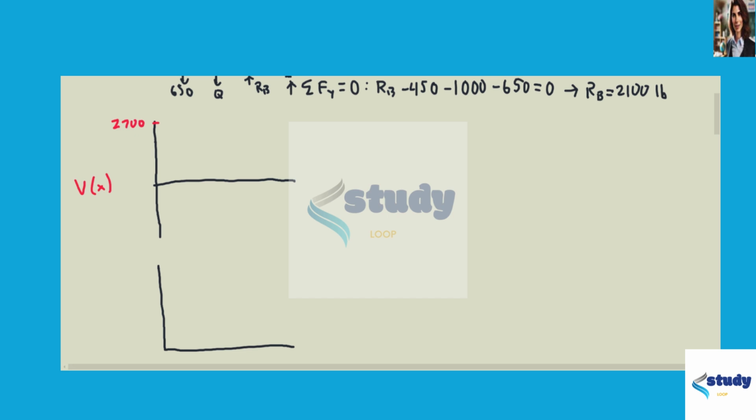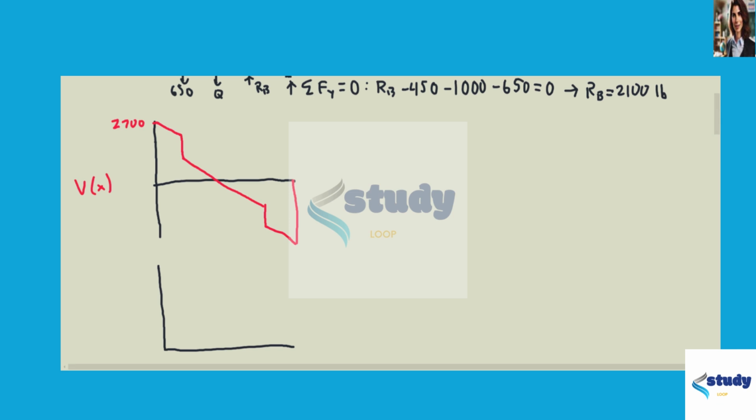It's going to slope down until we get to point P. And then we're going to have the force of P, and we'll slope down again until we get to Q, and then until we get to our reaction at B.